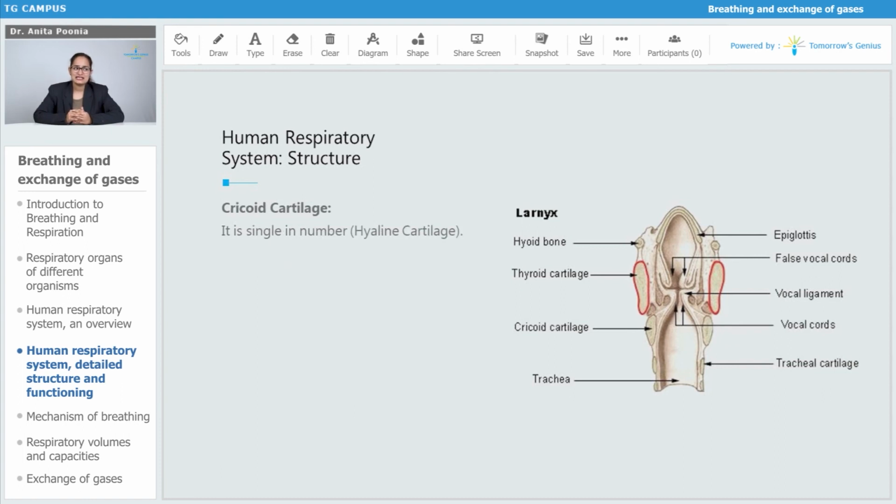Now talking about the second type of cartilage, the cricoid cartilage. It is again single in number, a hyaline cartilage, and it is a somewhat smaller but thicker, complete ring or collar-like cartilage around the larynx behind the thyroid cartilage. The cricoid cartilage is broad dorsally and narrow ventrally.